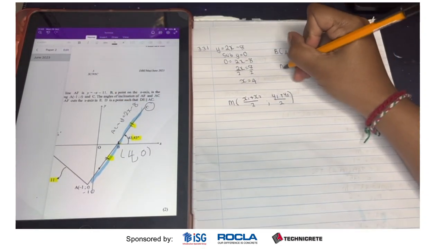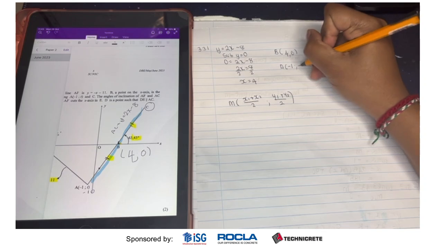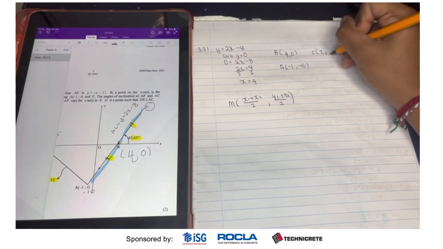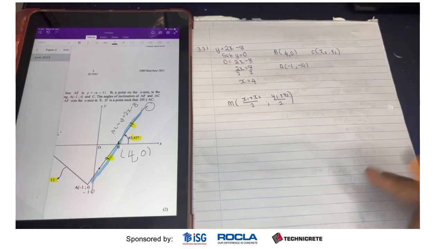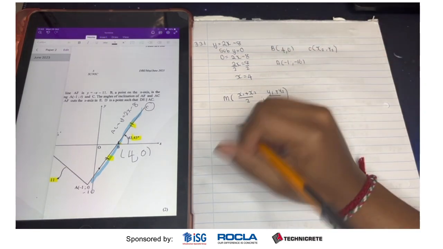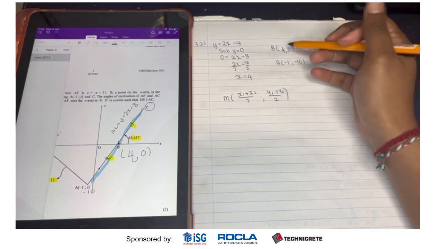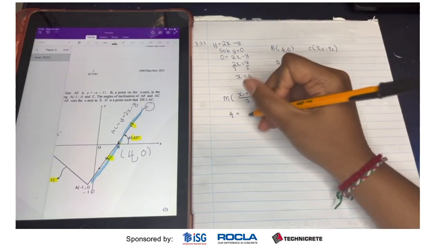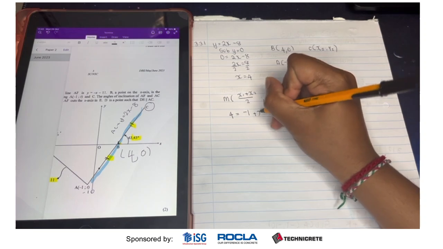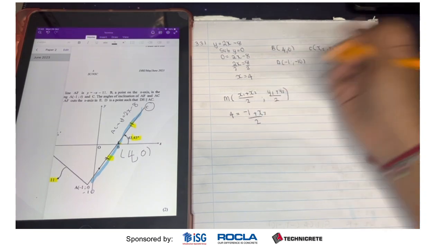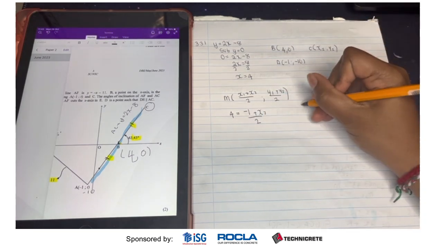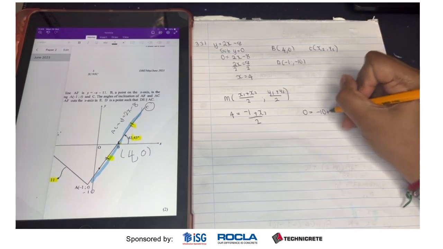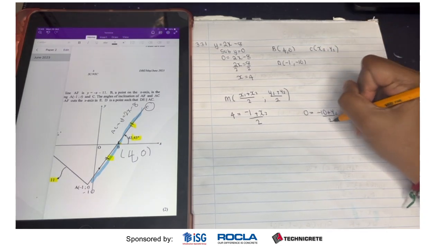So we have A. A is (-1, -10), and we want C, which is going to be my x2 and my y2. Okay, so let's start with x. The first value, we know the midpoint is 4. 4 is equal to my x1, which is -1, plus x2, which I want to find, over 2. For y, I know my y value of B is 0. My y value of A is -10 plus y2 over 2.